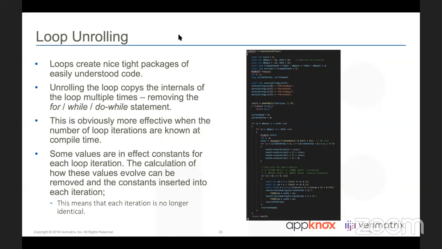So if your loop is going to execute 6 times, then you copy the code 6 times. It's obviously a technique which is much more effective and easier to apply if you know the number of iterations at compile time, because then you know how many times you've got to copy the loop. But you take the statement and you spread it out, you expand it.